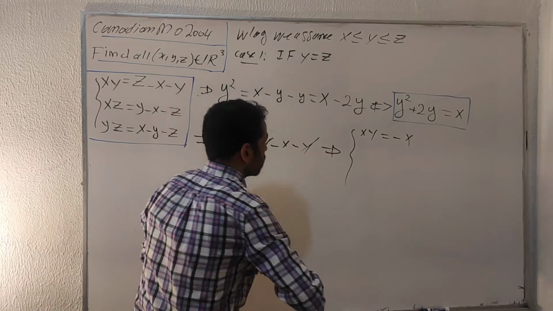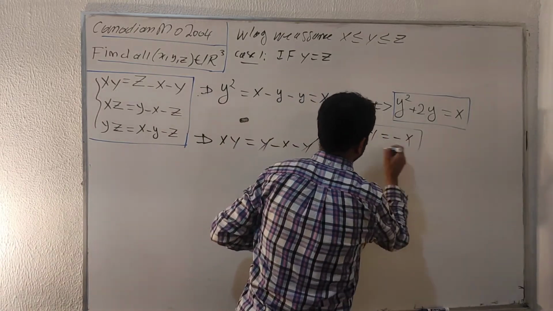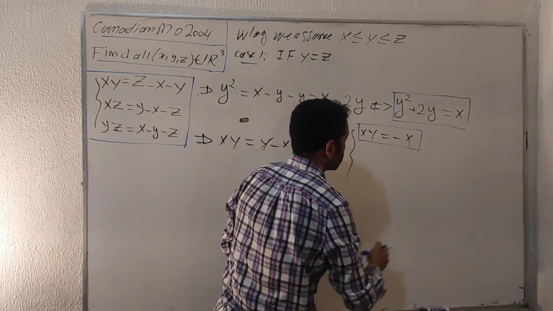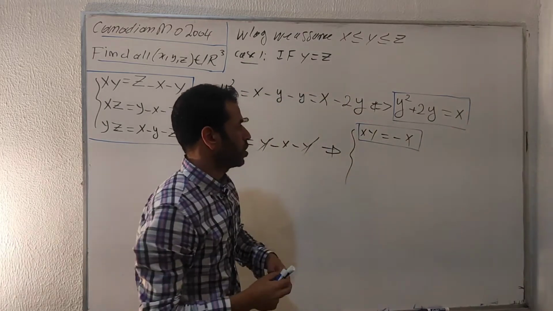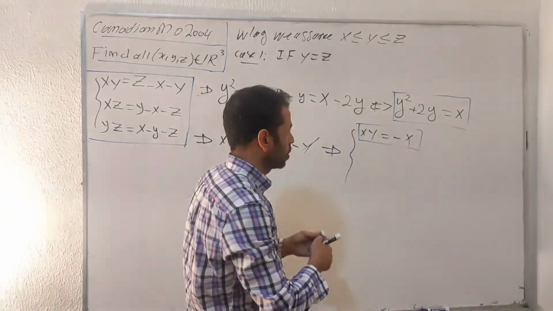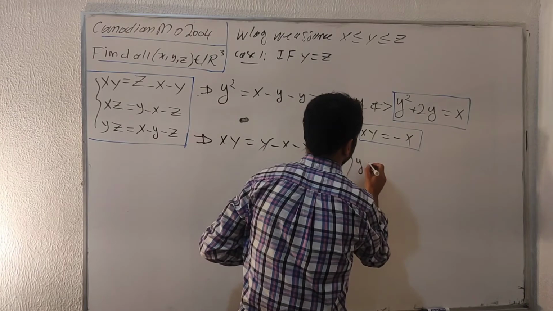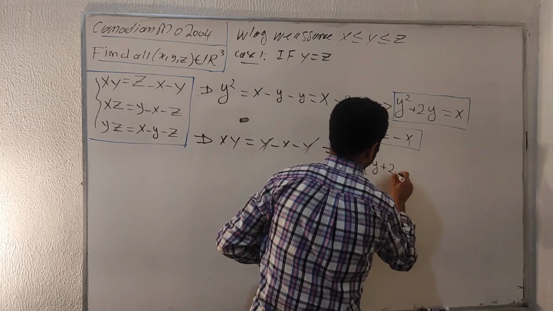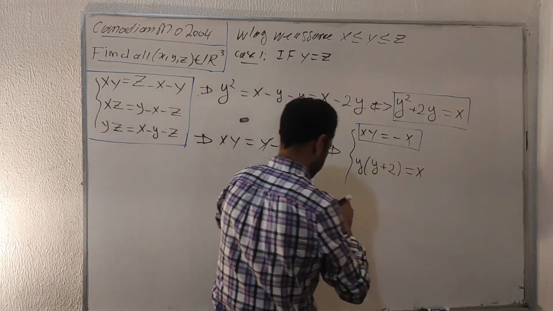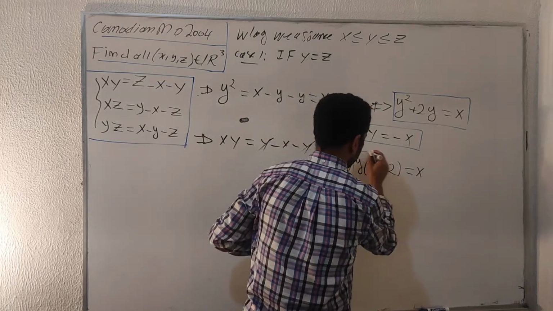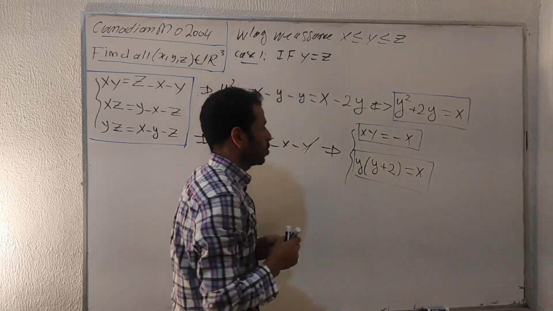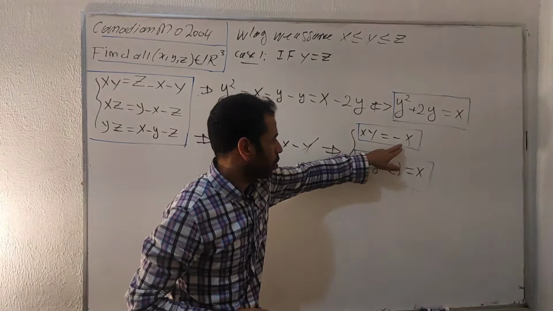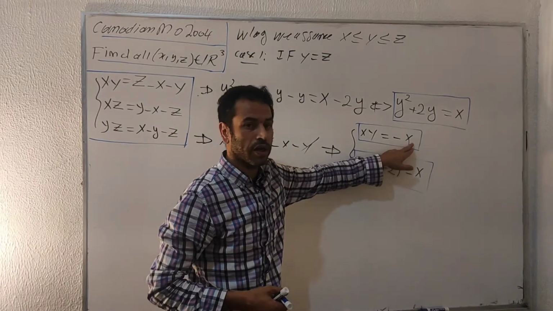Here is an important equation. Bringing the same equation up down here by taking y as a common factor, I get y times (y plus 2) equals x. So I get two different equations, all of them written in terms of x.